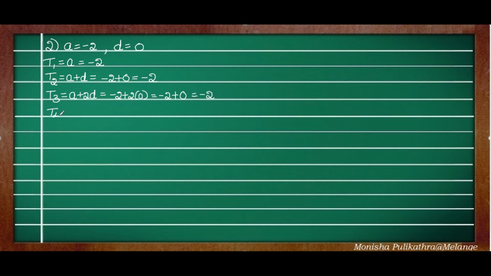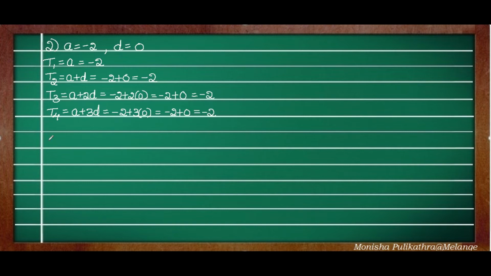Next, the fourth term T4 is equal to A plus 3D. So it will be equal to minus 2 plus 3 into 0. So it will become minus 2 plus 0. So minus 2 itself. So all the terms T1, T2, T3, T4 are equal to minus 2.